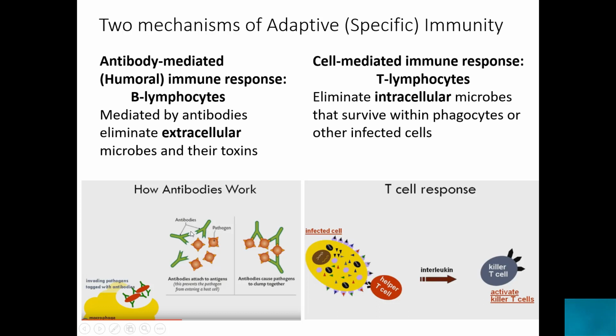Antibodies produced by B cells recognize pathogens, clump them together, and destroy them.